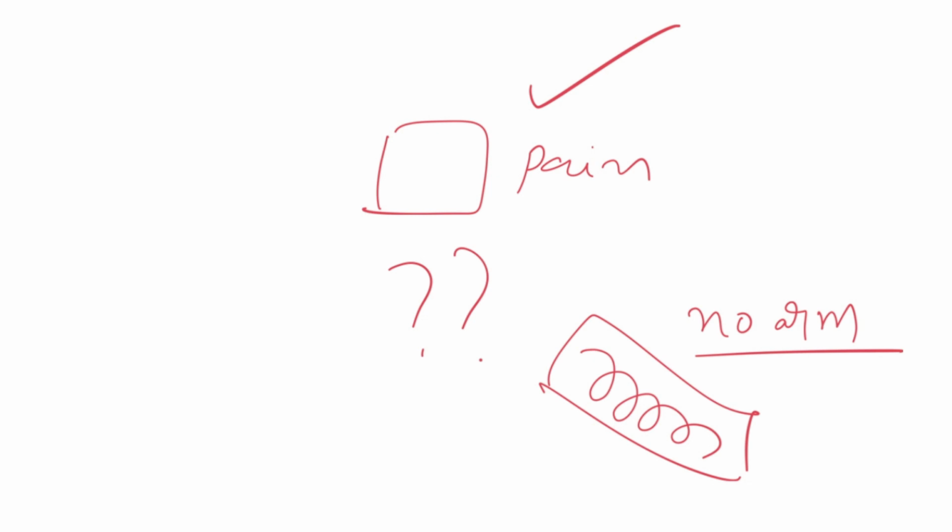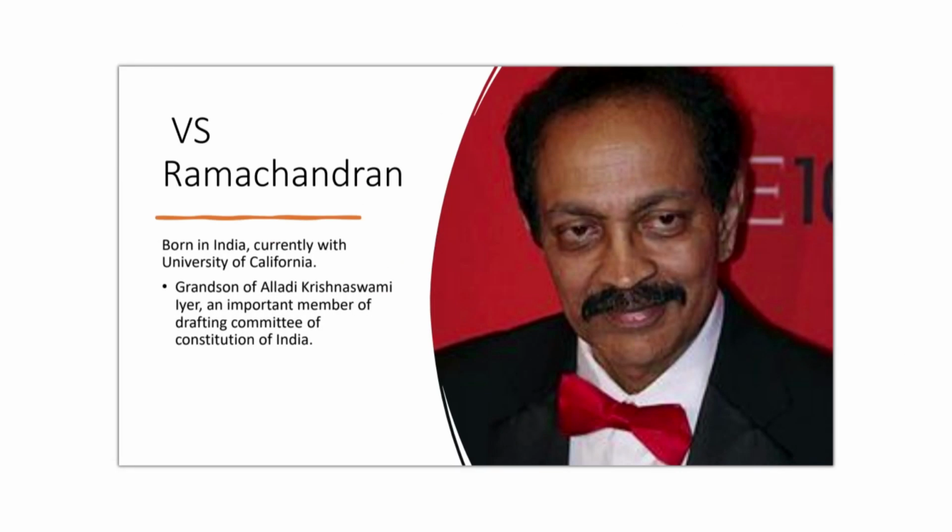It is here that some really interesting research has been done, and a pioneer in this is India-born scientist V.S. Ramachandran. Now he is currently with the University of California. And one interesting fact about him is he is the grandson of Alladi Krishnaswamy Iyer, who is an important member of the drafting committee of the Constitution of India.